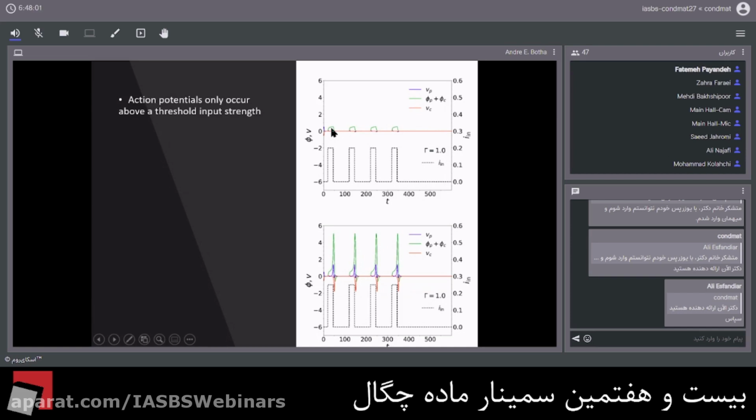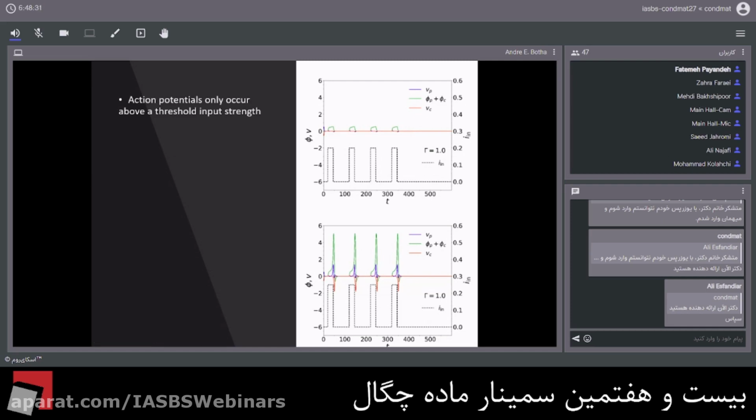In other words, the neuron is not firing, it's below threshold. But if you just raise the amplitude of the input by a small amount, I think it's 0.22 or something like that, then suddenly the neuron starts firing. This is a very important property and a very beneficial property of the model.